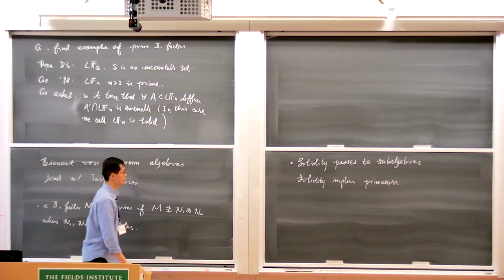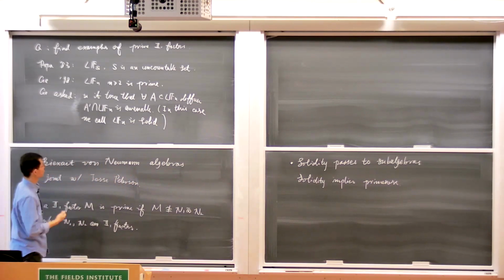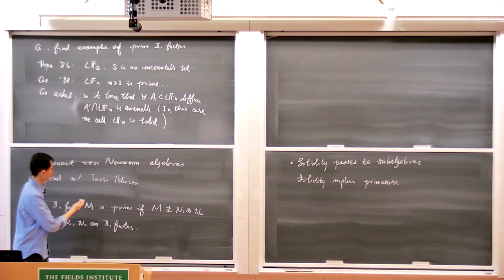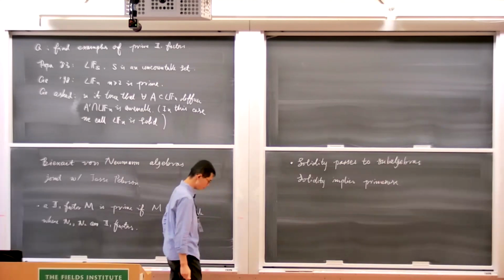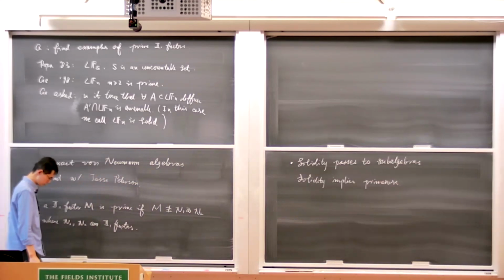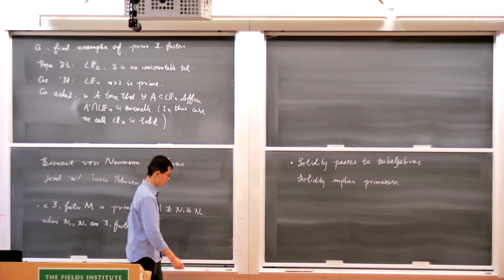So essentially what he is asking is whether solidity plus non-amenability implies primeness. So essentially what Ge was asking is whether every non-amenable subfactor of the free group factor is prime.